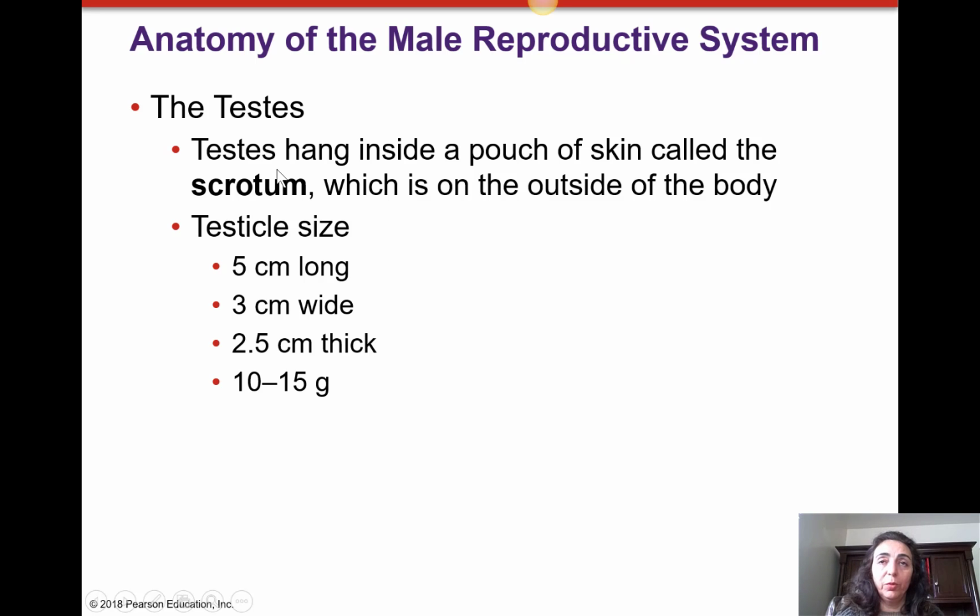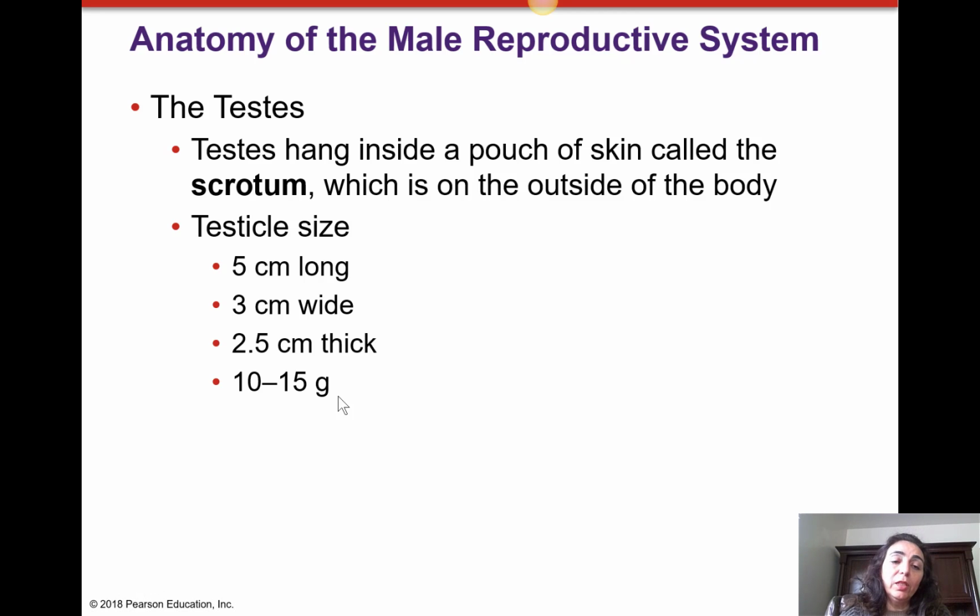But the pronunciation is very close to each other. So the scrotum is outside of the body. Testis or testicle size is about 5 cm long, 3 cm wide, and about 1 inch, 2.5 cm thick. And it weighs about 10 to 15 grams each, right?